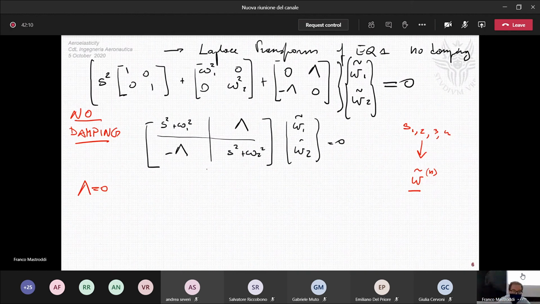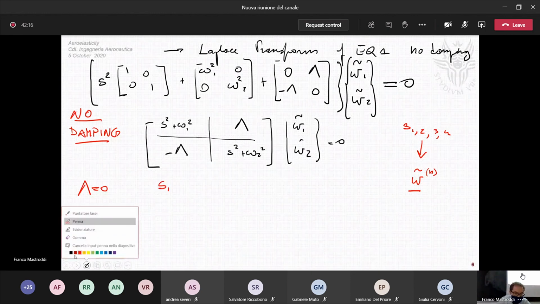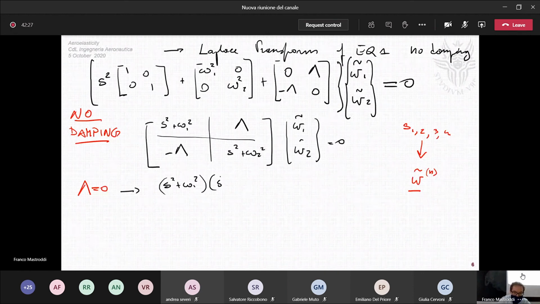For lambda equal to 0, you have S square plus omega 1 square times S square plus omega 2 square equal to 0.